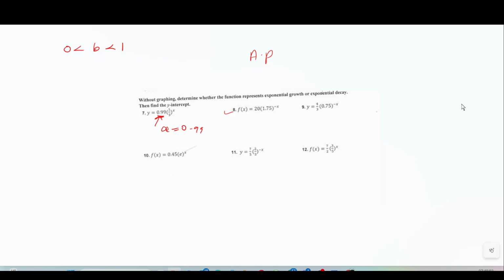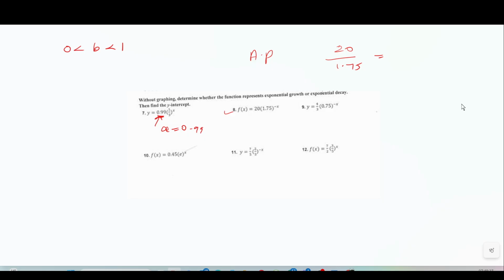Is it decay? 20 times 1.75 to the power of negative x. Yeah, so this is 20 divided by 1.75. Let's check that. How much is that? 1 divided by 1.75 is 0.57.